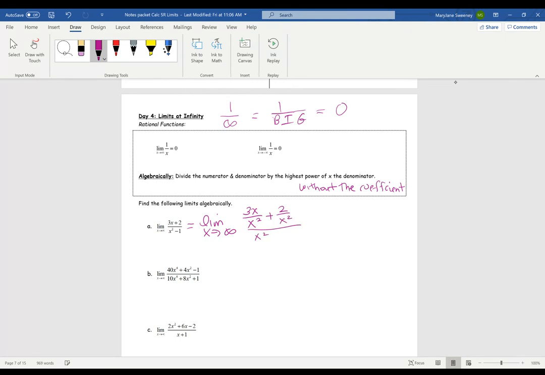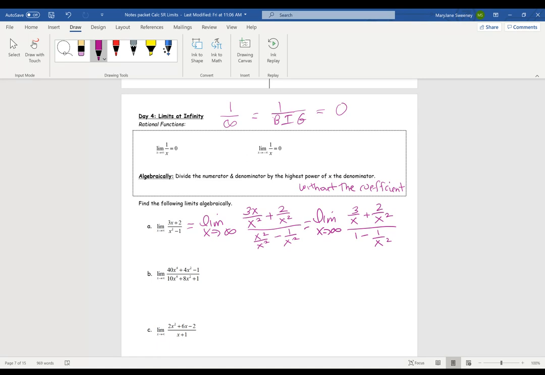We take the x squared, divide by x squared. And we take the minus 1 and divide by x squared. So that gives me the limit as x approaches infinity of 3 over x plus 2 over x squared, over 1 minus 1 over x squared.